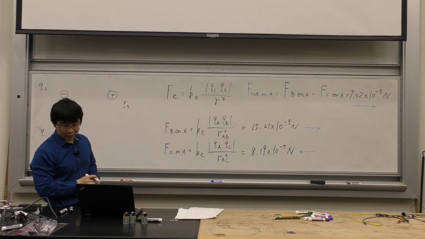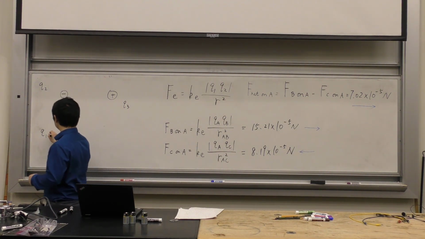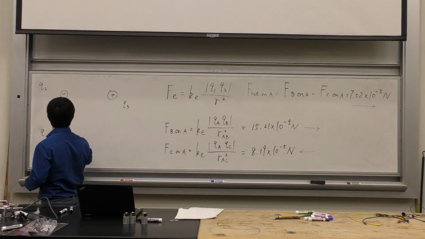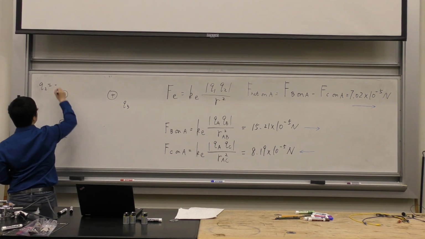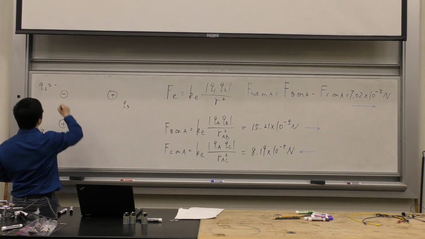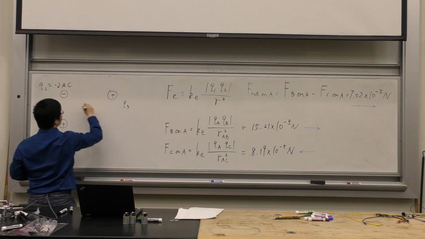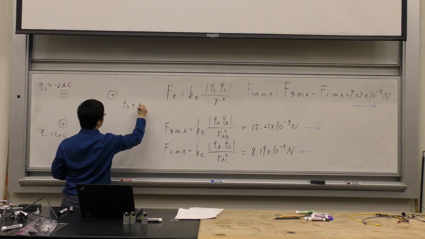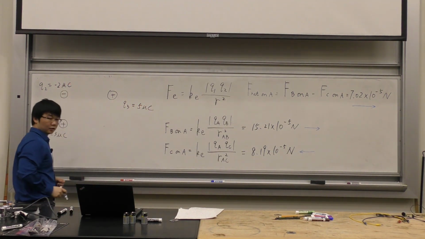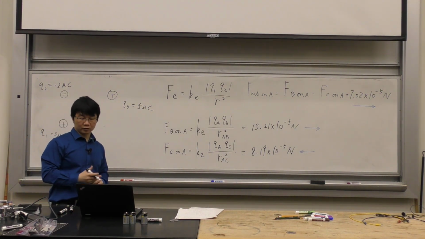Now we know the charges, right? Q1 is 3 microcoulombs, Q2 negative 2 microcoulombs, and then Q3 5 microcoulombs, okay? Of course, microcoulombs, you can convert it to coulombs.